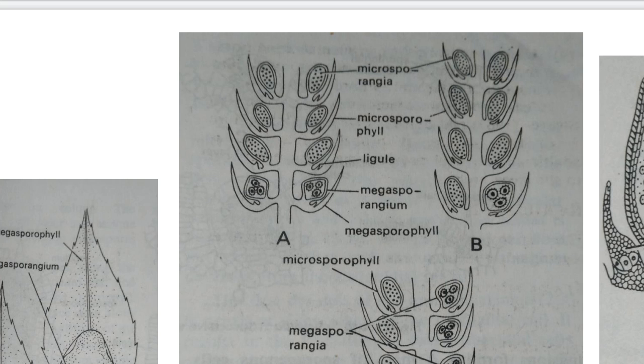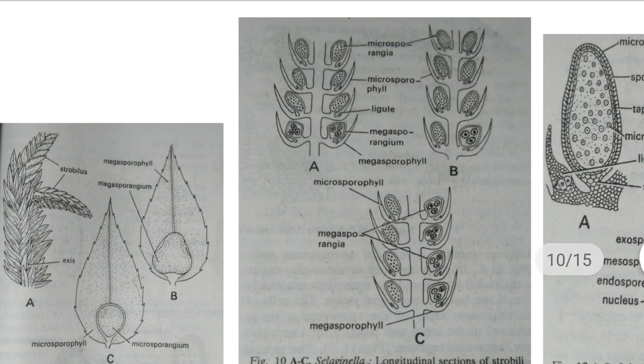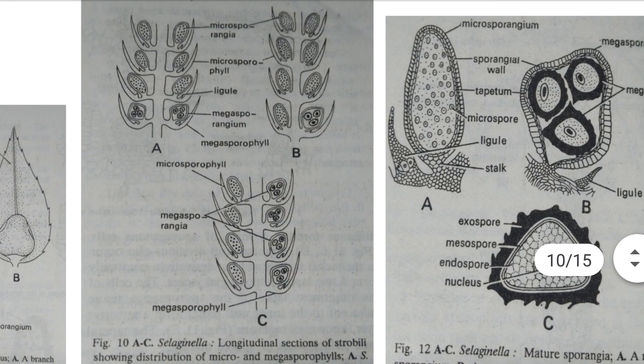At the base, toward the left side there is a single microsporangium, and on the right side a single megasporangium. In C diagram, toward the left side all are microsporangia, and toward the right side all are megasporangia. So the arrangement of megasporangia and microsporangia shows a lot of diversity according to the species of Selaginella.